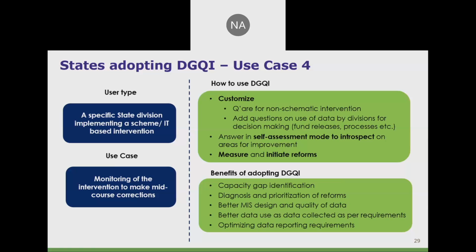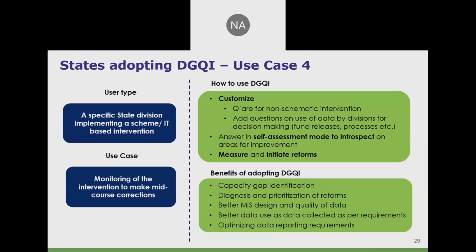However, what we see is that they often struggle with reliable data, which may be available to them at the right granularity and frequency. DGQI can be helpful for such divisions to self-assess themselves on various parameters of data management.